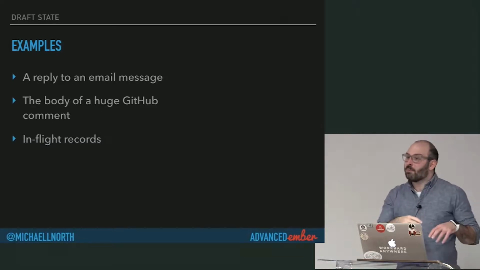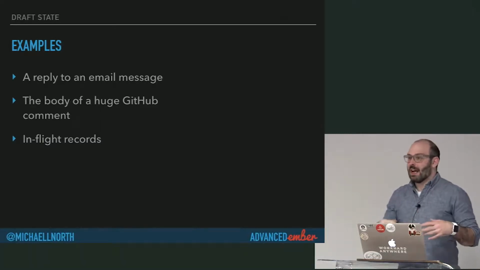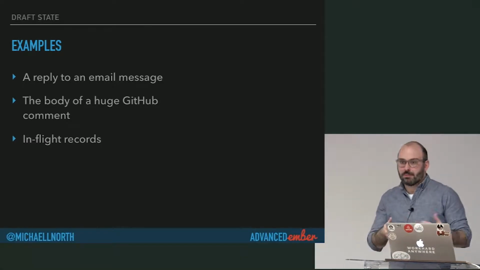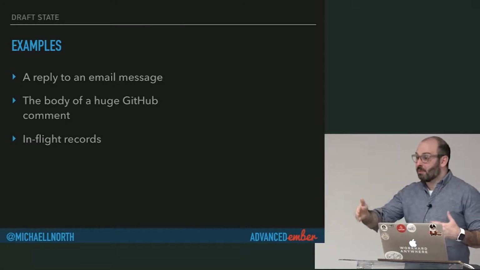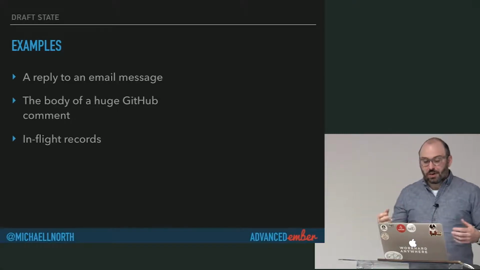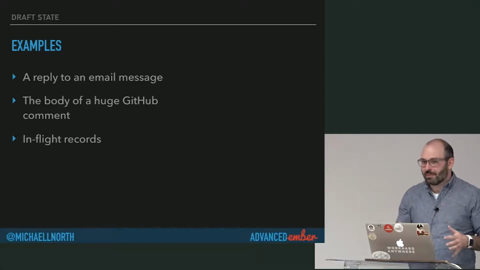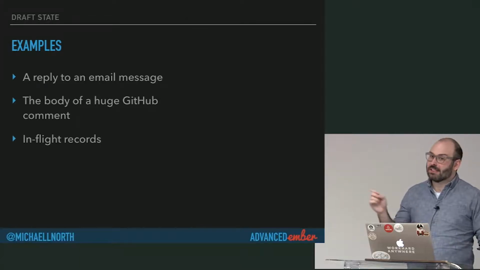And we might want to keep going about our business in our app and have a client-side representation of a comment on a post or some other record, and be able to move on from that. So Ember Data uses this idea of draft state so that we can have our representation of a record even while we're waiting for confirmation that the save has completed successfully.